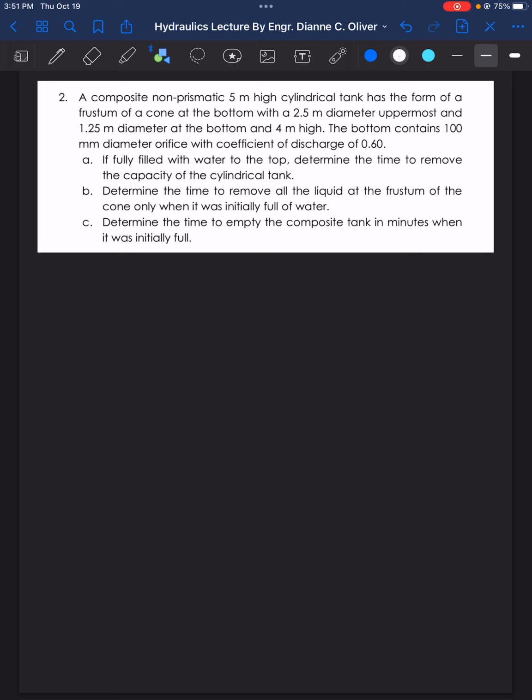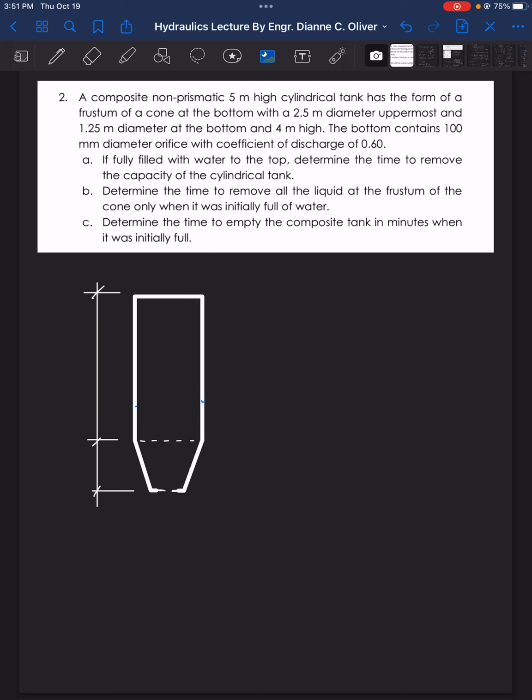Letter A, if fully filled with water to the top, determine the time to remove the capacity of the cylindrical tank. So, here is our container. For letter B, determine the time to remove all the liquid at the frustum of the cone only when it was initially full of water. And letter C, determine the time to empty the composite tank in minutes when it was initially full.